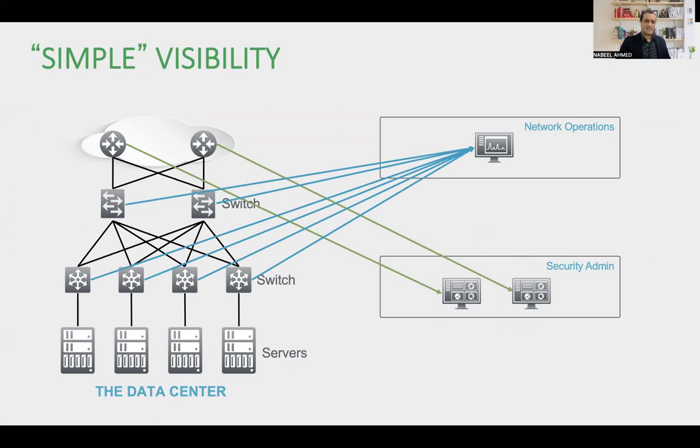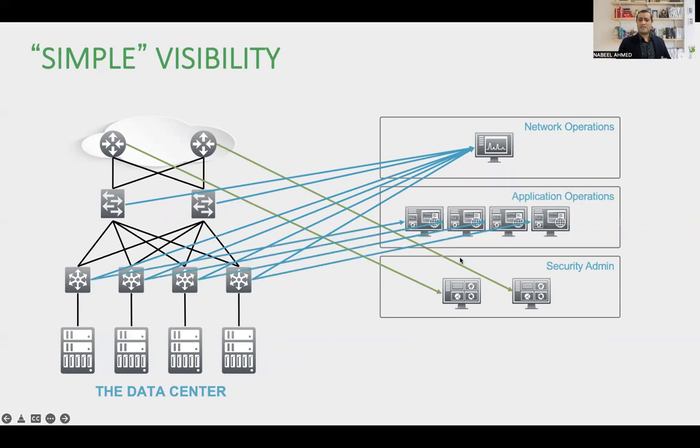Now look at the simple architecture here, where on the left side, we have a network, core network, data center, switches, routers. On the right-hand side, we have network operations tools, we have security admin. Well, it gets more complicated. We have even more tools now on the right side.